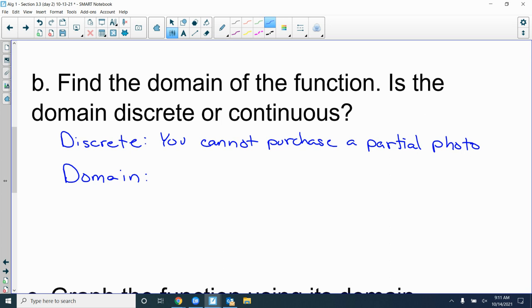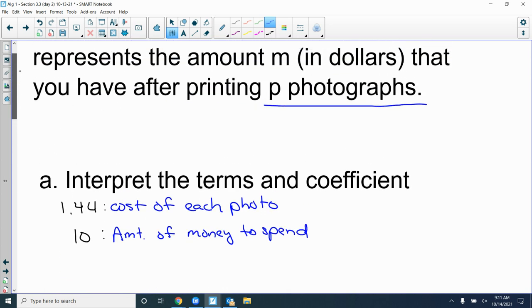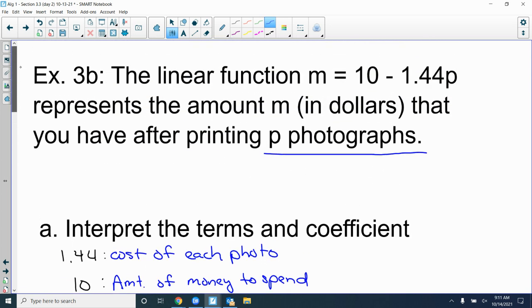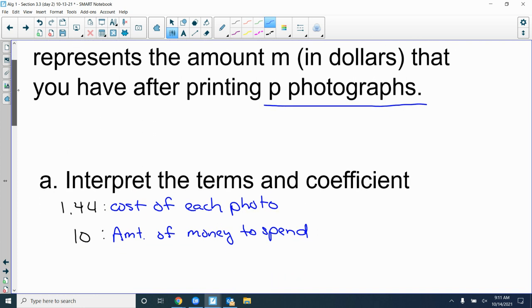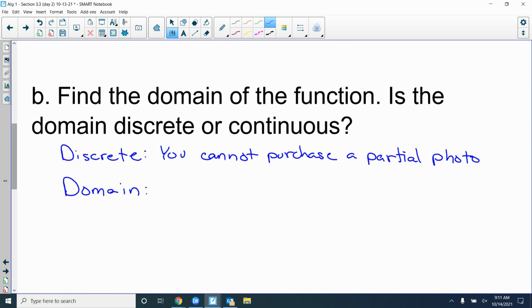It doesn't tell us directly, but we are limited. You could get, and we're going to include 0, you could get 0 photographs. But is this going to go up forever? And what is limiting us? What do you got, Ryan? The 10. We only got $10, right? So think about this. What does one photograph cost?